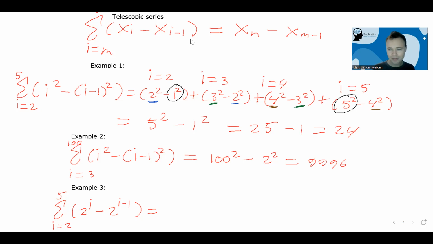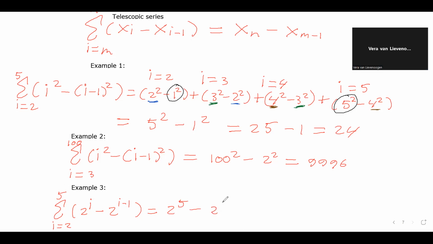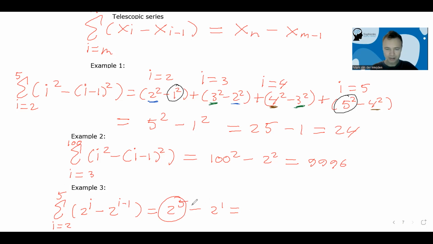Vera, would you like to help me? Yes, I can. Okay, so we first fill in the upper boundary in here, right? So then you get 2 with the power of 5. What do you subtract? Minus 2 with the power of 1. Well, this here is 32.